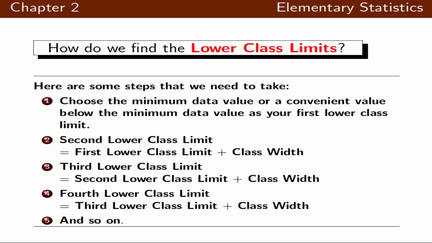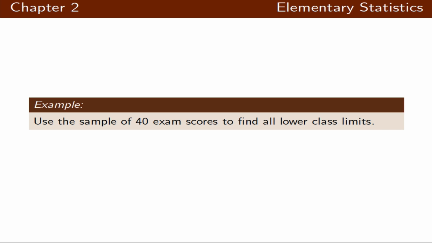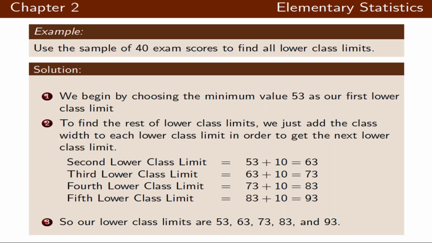And to get to the next one, we add the class width, and so on. So in our example, we're going to start with 53. That was the lowest one. We add 10 to get 63, then we add 10 to get 73, then we get 83 and 93. And these are going to be our lower class limits.